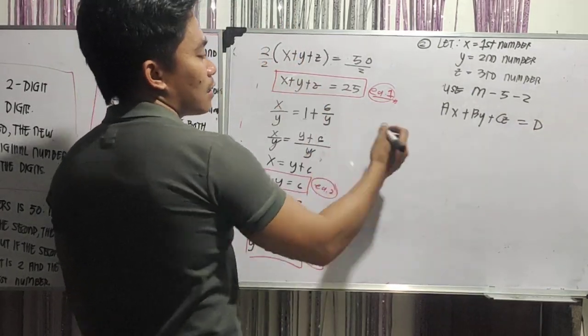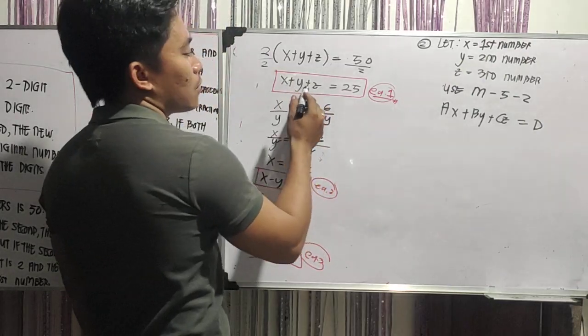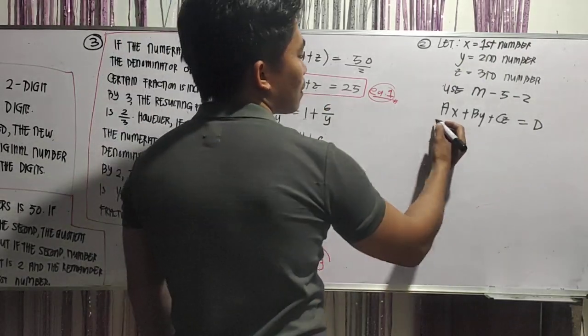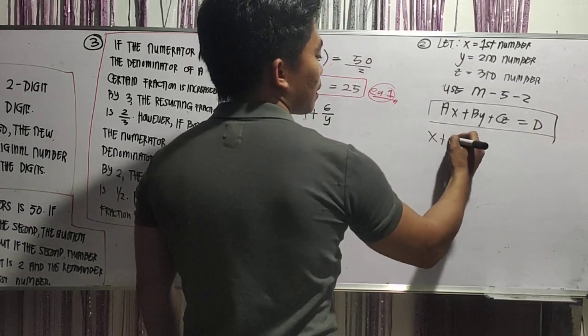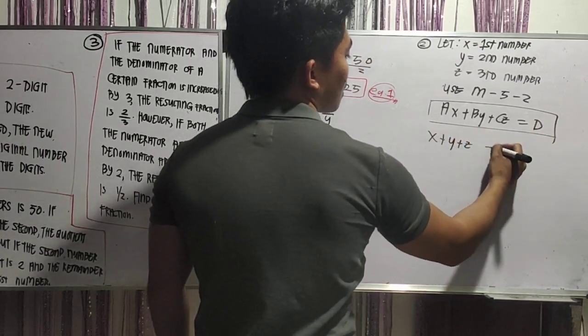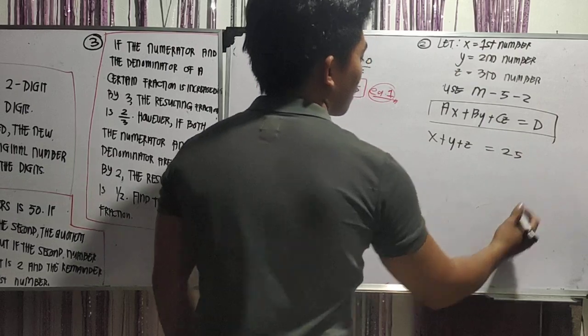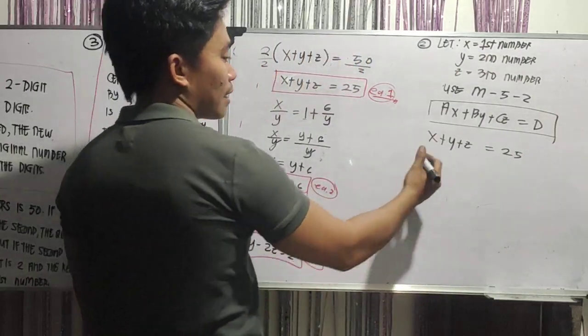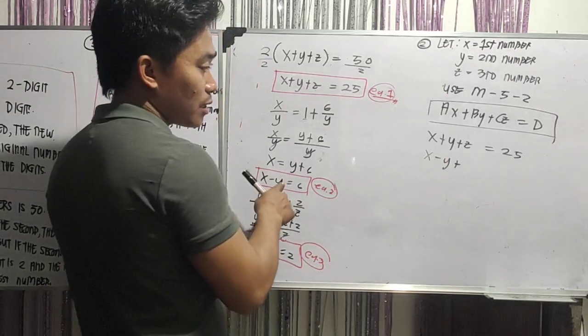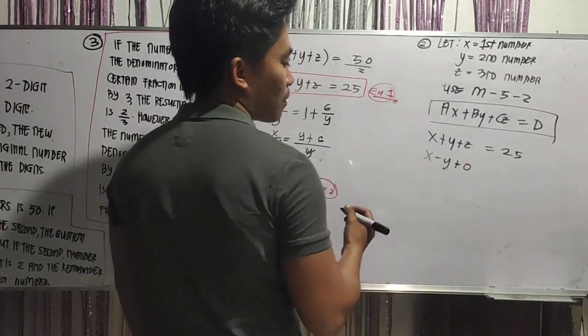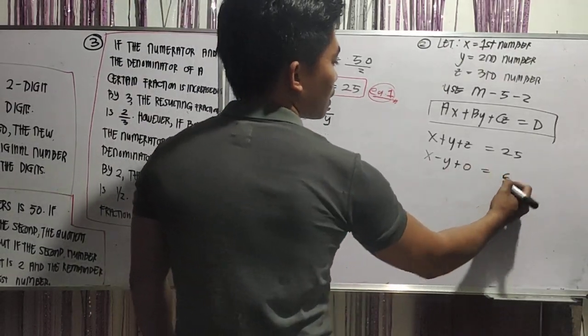Actually, this is x plus y plus z is equal to 25. Eto, x minus y plus, yung z mo dito is 0. So, lagay mo lang dyan, 0 is equal to 6.